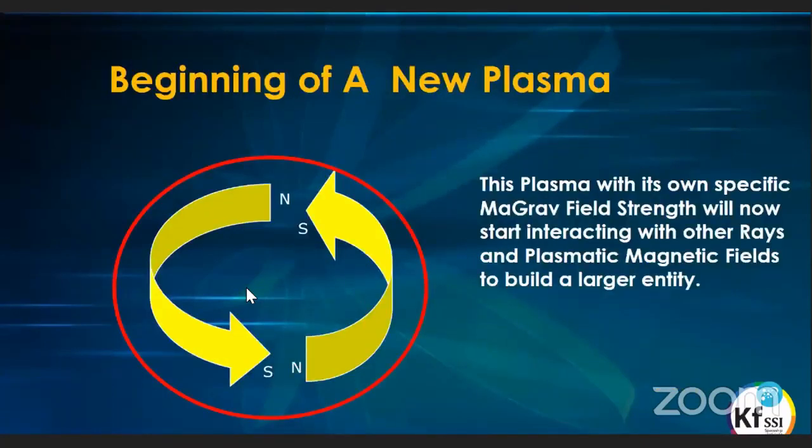So now this plasma with its own specific magnetical gravitational field strength will now start interacting with other rays and plasmatic magnetic fields to build a larger entity. It's more interaction of these fields.